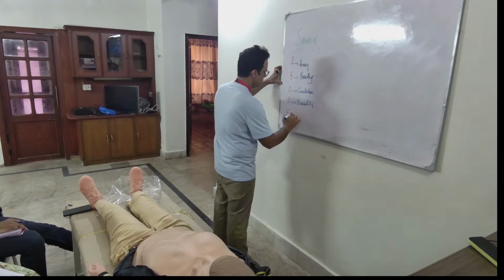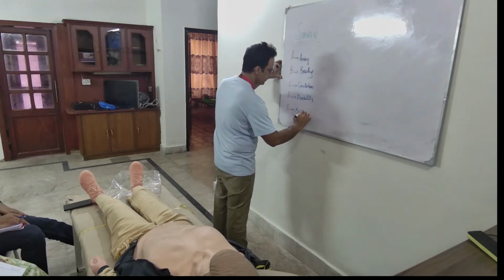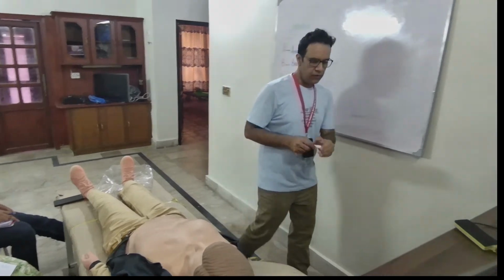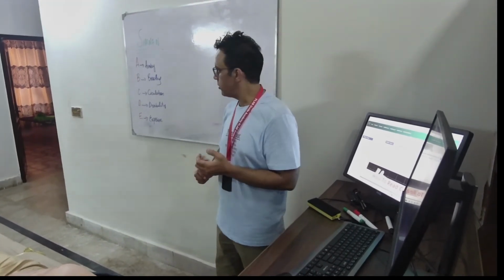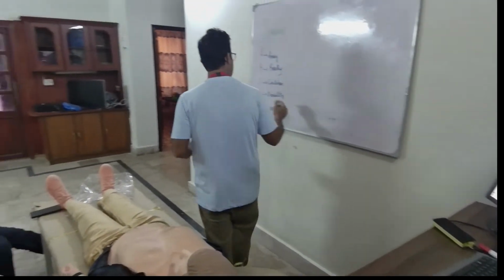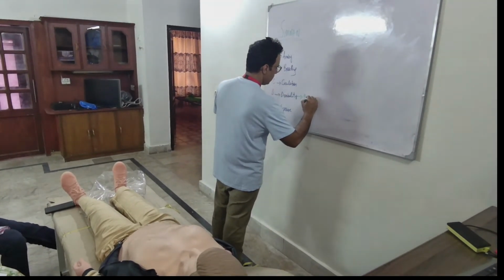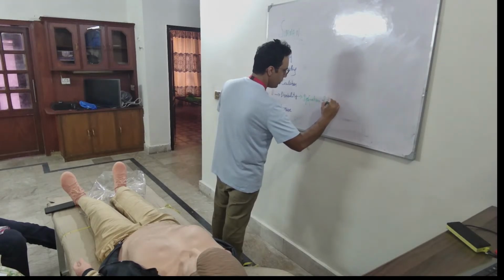Disability. Airway, breathing, circulation, disability, and exposure. Now let me explain what disability means. It's a dysfunction of the brain.